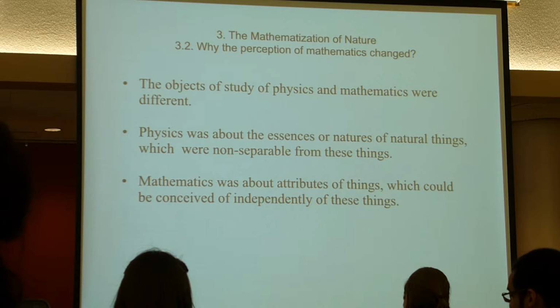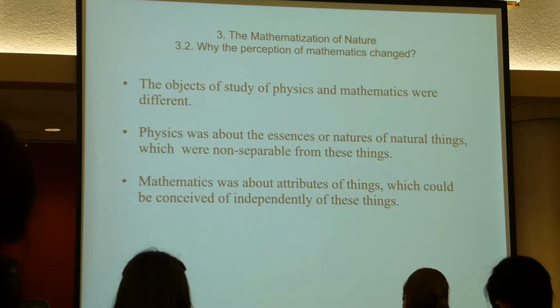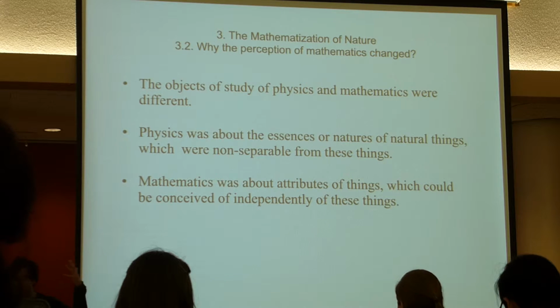So, we use mathematics to measure distance, for instance, but we can talk about distances without talking about objects. We talk about velocities, but we don't really need to talk about objects in order to talk about velocities as a mathematical entity. We can abstract from the objects when we talk about mathematics. That's not the case with essences according to this philosophy.